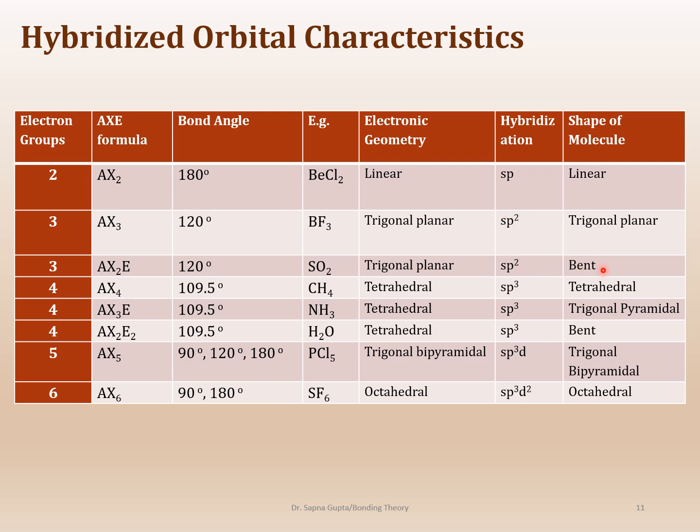The shape is different. For AX3 with sp2, the shape is trigonal planar, but for AX2E, because you have 1 lone pair of electrons, it's going to be a bent shape. So there are differences like that you have to really watch out for.